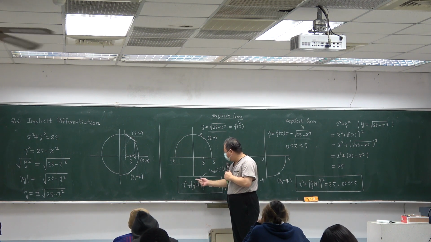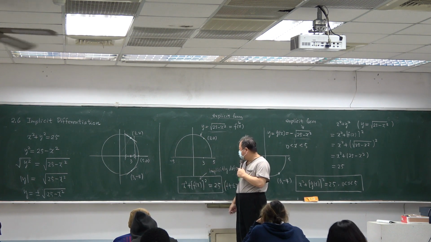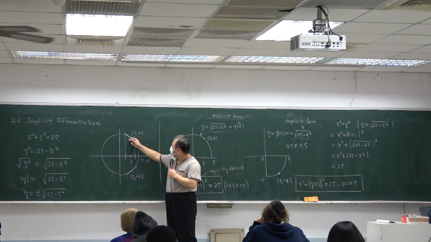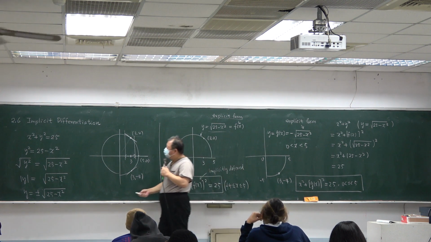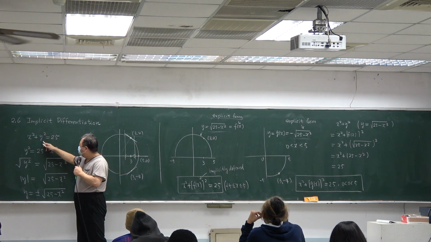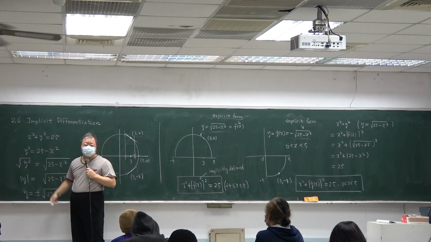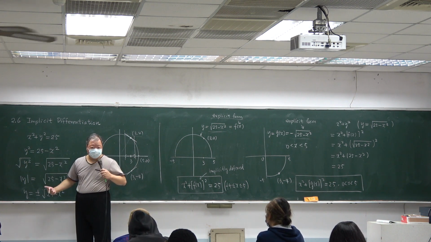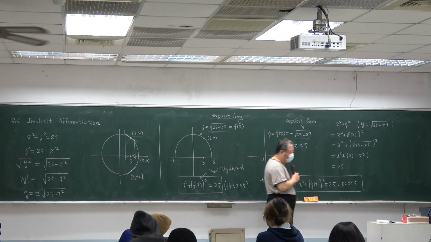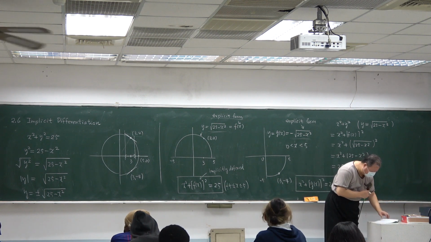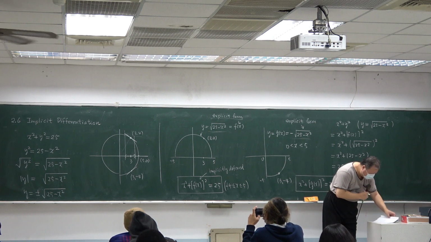Though we don't write down the explicit form, according to that equation, for any given point on this curve, we may regard this variable y as a dependent variable, and x as an independent variable. So here we have a definition about being defined implicitly.